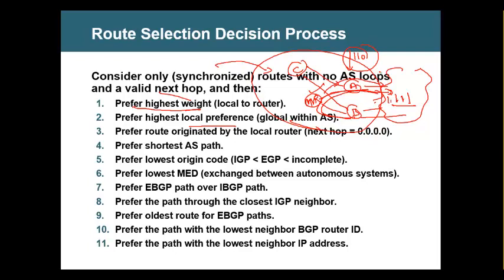If no weightage is set, or if there is a tie in weight, then it is going to check whether any local preference is set. Only when weight is a tie will it prefer the neighbor whose local preference is higher as the exit, as the outgoing.